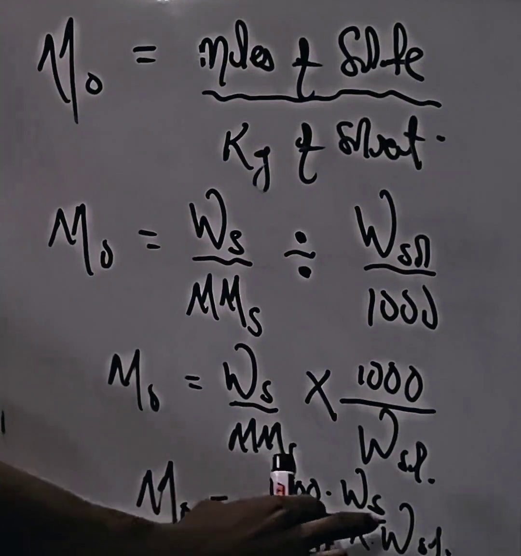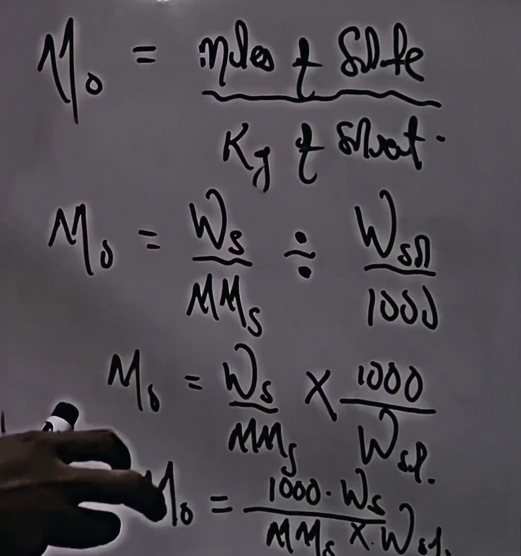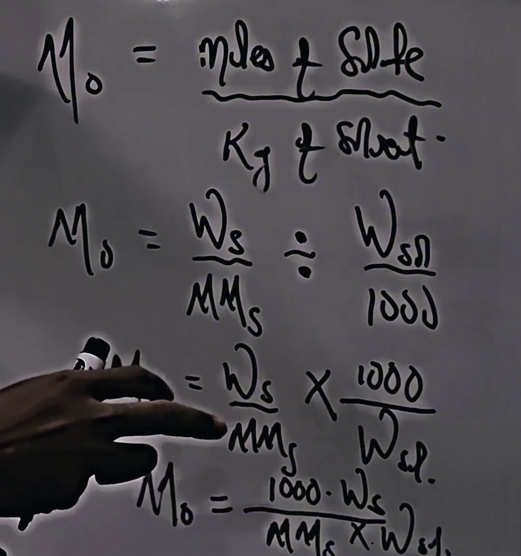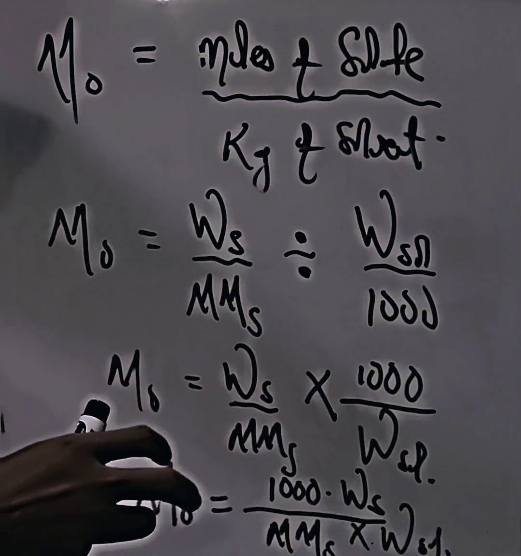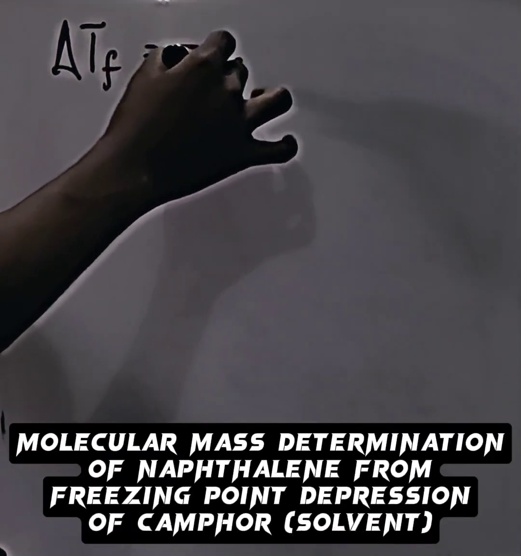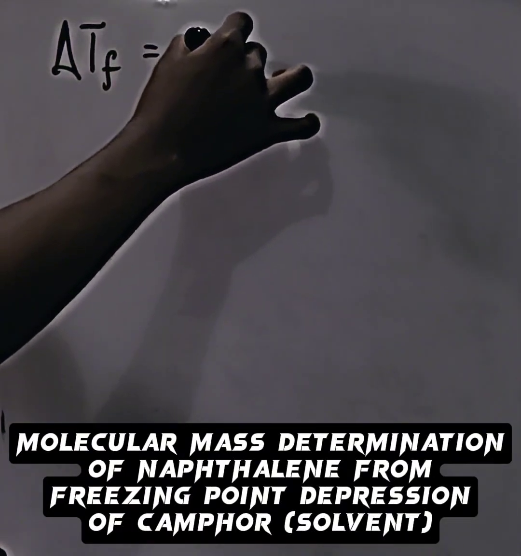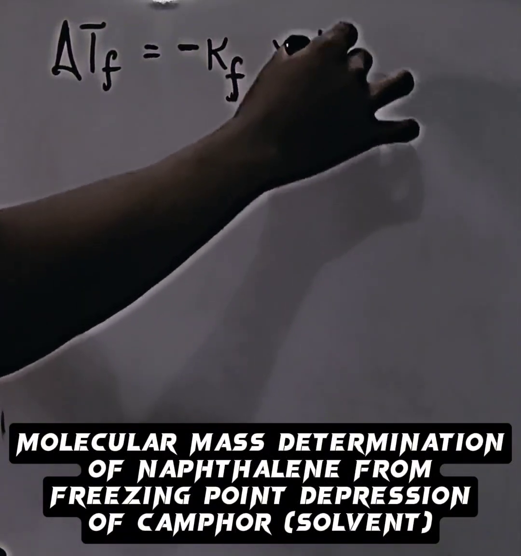Now, this expression, we are going to substitute into the first equation we once had. And that equation has to do with the freezing point depression being directly proportional to molality. So earlier we were able to establish for a fact that the freezing point depression is equal to minus Kf, which is the freezing point constant, characteristic of any given solvent, multiplied by molality.